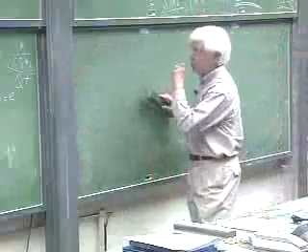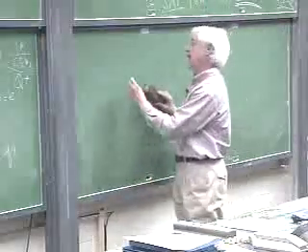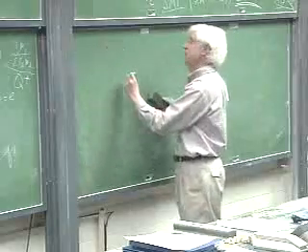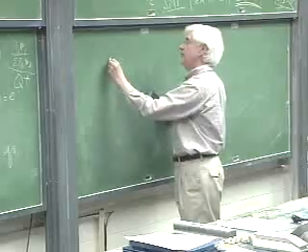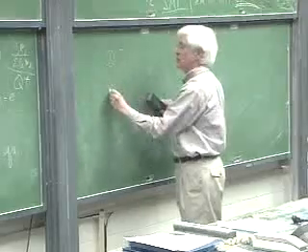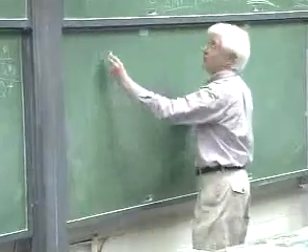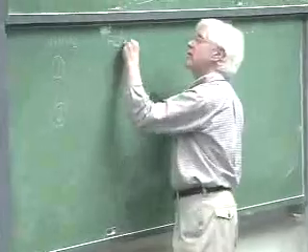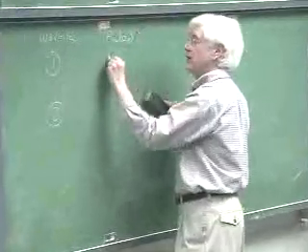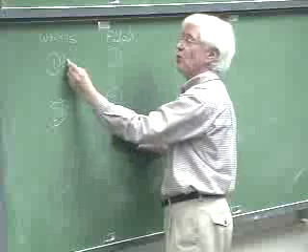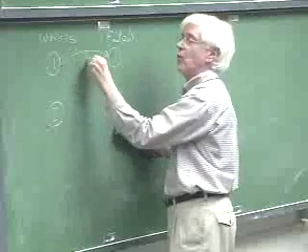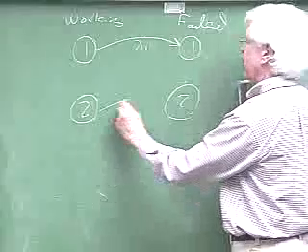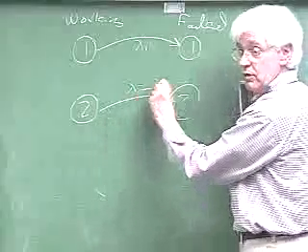So here there are two machines, machine 1 and machine 2, and each can be working or failed. If machine 1 is working, there's an intensity lambda 1 of it breaking down. And if machine 2 is working, there's an intensity of breaking down lambda 2.